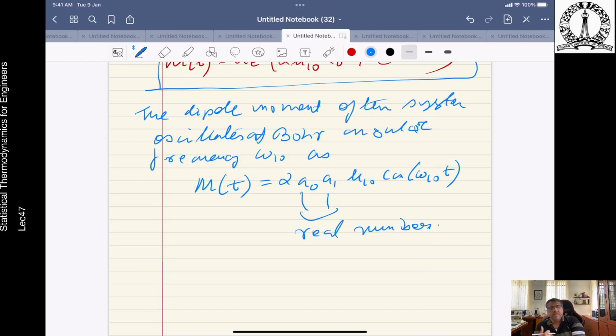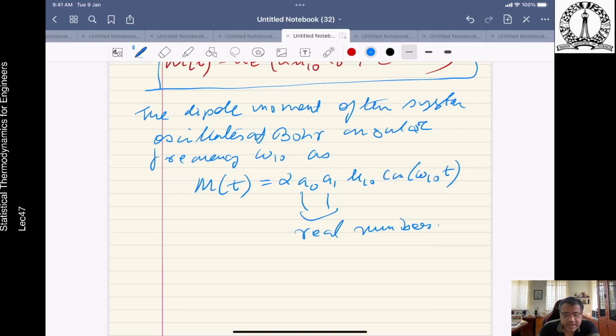Now, if the population in the excited state decreases slowly in time relative to the reciprocal of the optical frequency due to spontaneous emission, then the amplitude of the oscillation will also decrease. This corresponds to a slow decrease in a1 at a rate of gamma by 2, where gamma is 1 over the relaxation time for the spontaneous emission, which is nothing but A10.